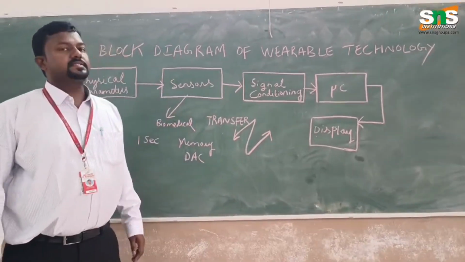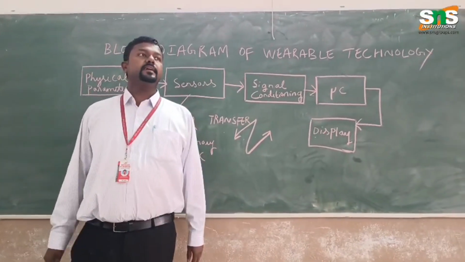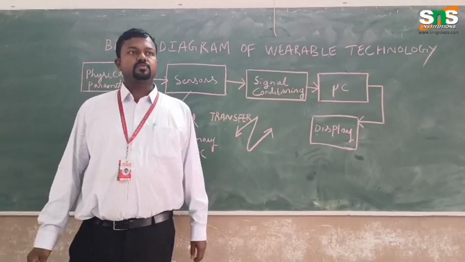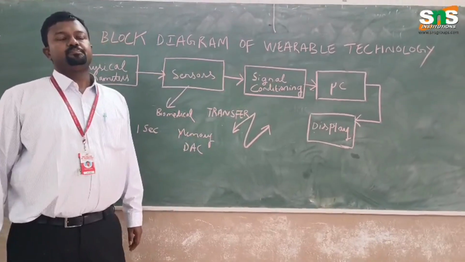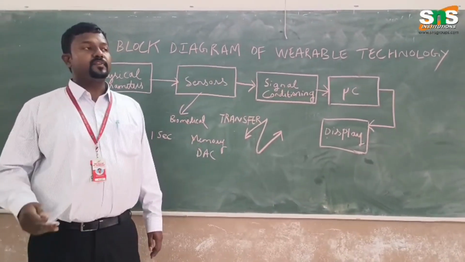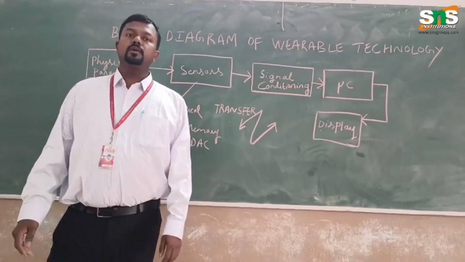But in our case, since we are dealing with medical parameters, we need the entire data in digital format, so that each and every human being, a normal person, can understand his own parameters. If it is in the form of an analog signal, only the doctors will be able to understand.